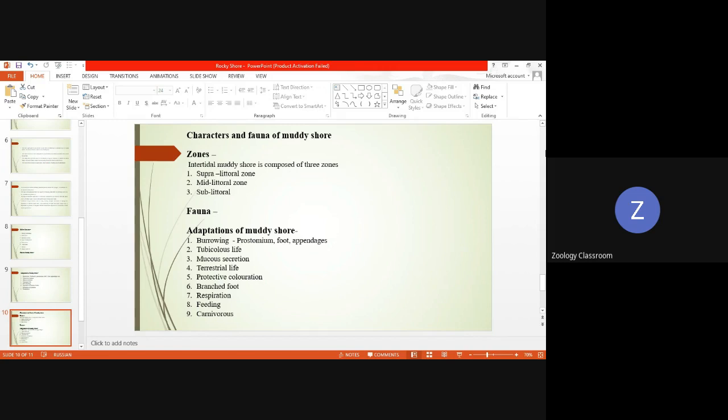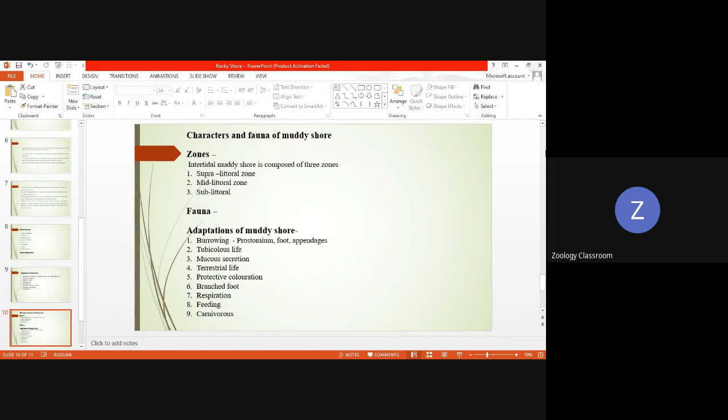These animals have ciliary architecture inside their organs. So a water current is developed, and this brings the feeding current. With the help of this feeding current, the water is taken in, and the food material along with this water current is useful. And the last one is carnivorous feeding. Most of these animals capture and eat greedily on other marine animals.